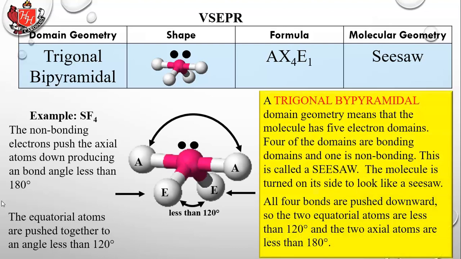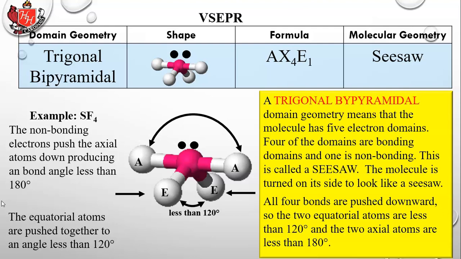A trigonal bipyramidal domain geometry means that the molecule has 5 electron domains. In this case, 4 of the domains are bonding domains and 1 is non-bonding. This is called a seesaw. The molecule is turned on its side to look like a seesaw.